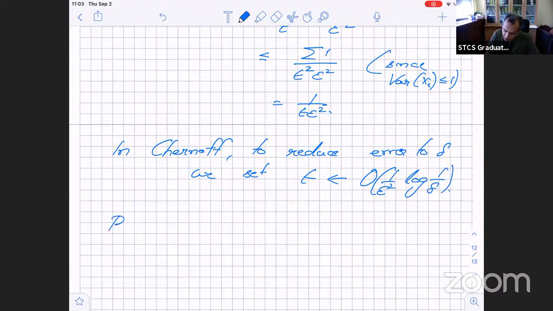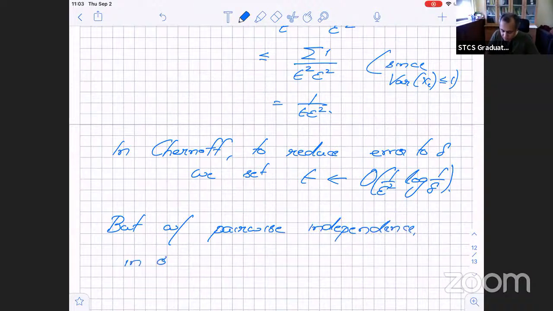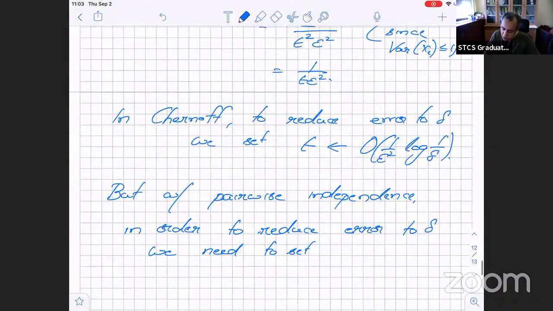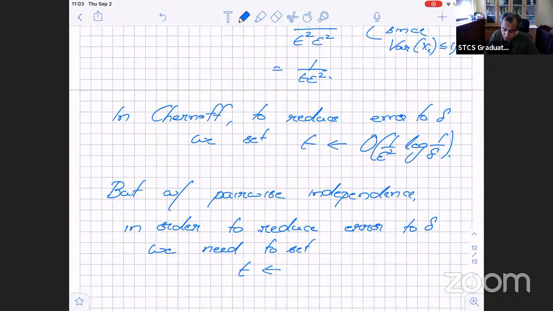But with pairwise independence, in order to reduce error to delta, we need to set t to 1 over epsilon squared delta.